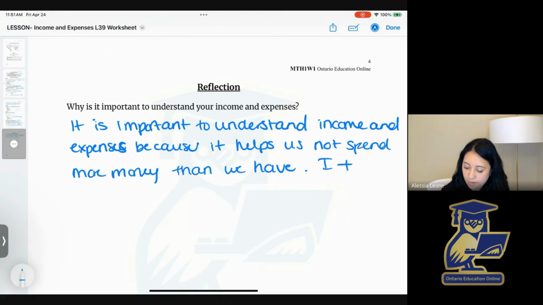It makes it easier for us to save money.